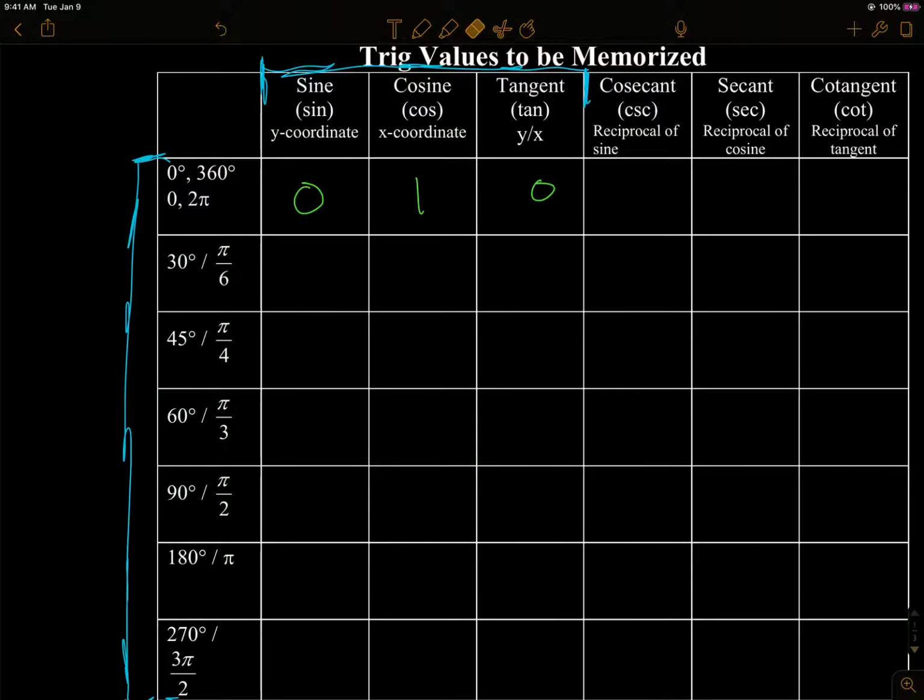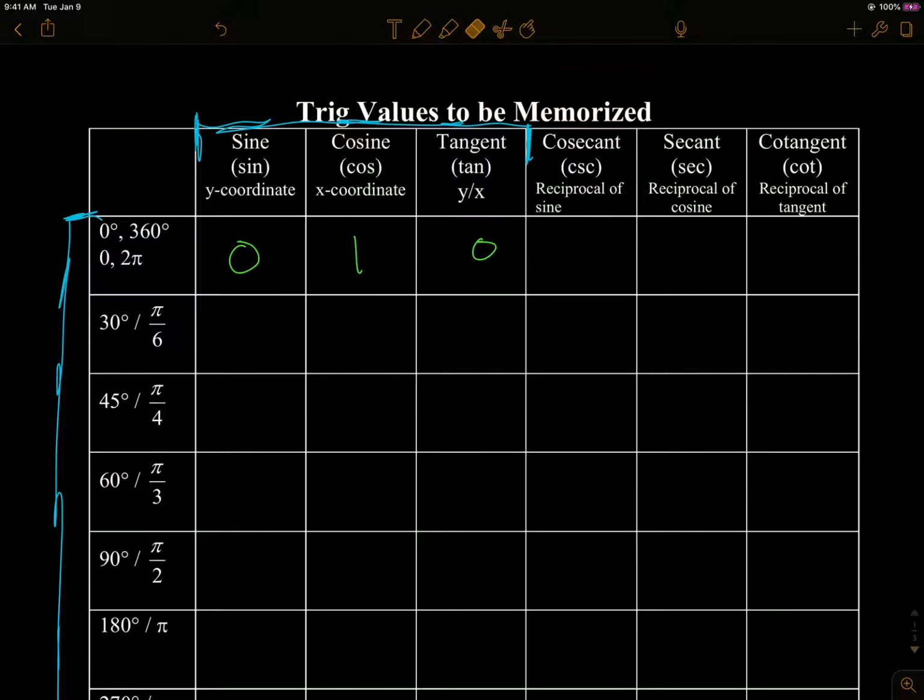So then what we're going to do is cosecant, knowing that they're the reciprocal is the key here. And the reason I say we don't want to memorize these is it's pretty easy to just flip the fraction of the other one. Reciprocal means flip the fraction. So we'll think of 0 as 0 over 1, 1 as 1 over 1, and 0 as 0 over 1. Cosecant at 0 is the reciprocal of sine.